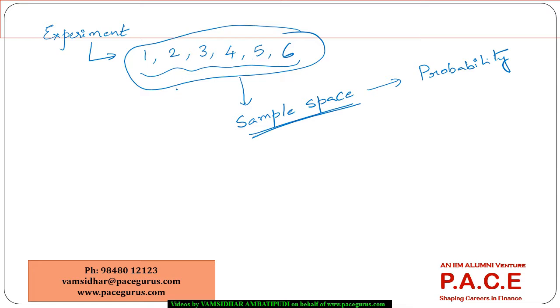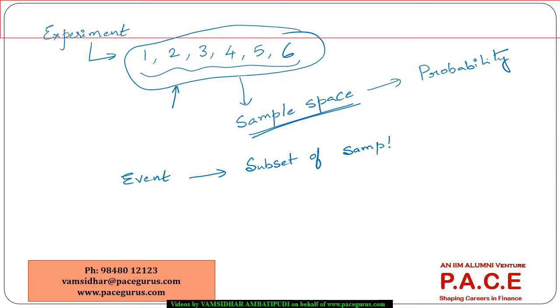So when I'm rolling a dice, these are the various possibilities. So the set of all possible outcomes is 1 to 6. Now coming to a few other terms. Let's say we use a word called event. Event actually is some subset of the sample space.